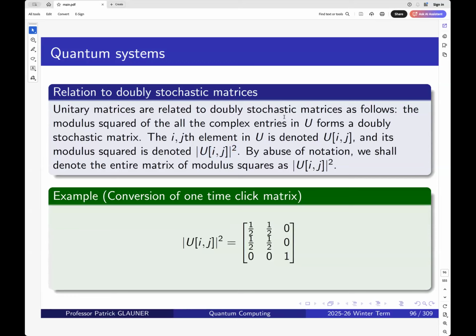So the modulus squared of all the complex entries in our matrix U forms a doubly stochastic matrix.